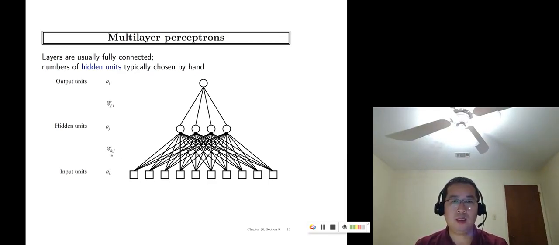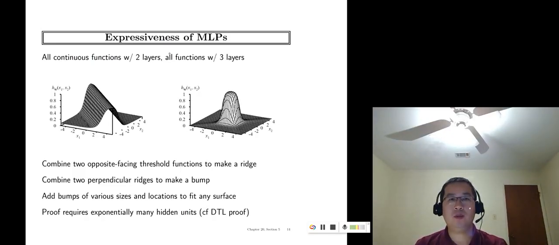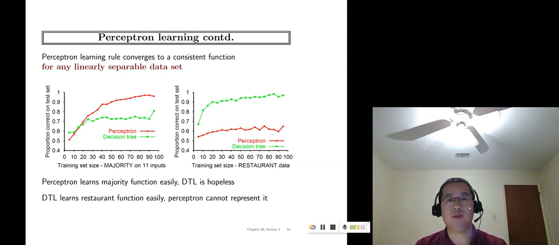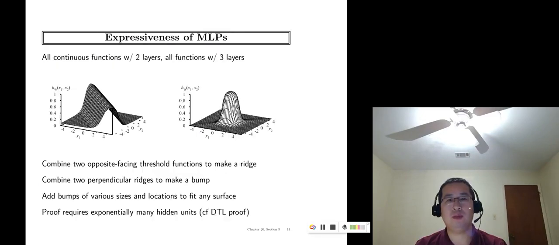Okay, let's look at this one. How can we develop a training algorithm to adjust the weights during training? First we want to look at its expressiveness, that means its capacity. In the past, we know a single layer may be good for some problems, but not for all problems.